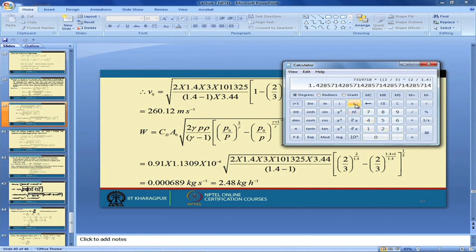This is equal to this much, right, 1.4, okay.